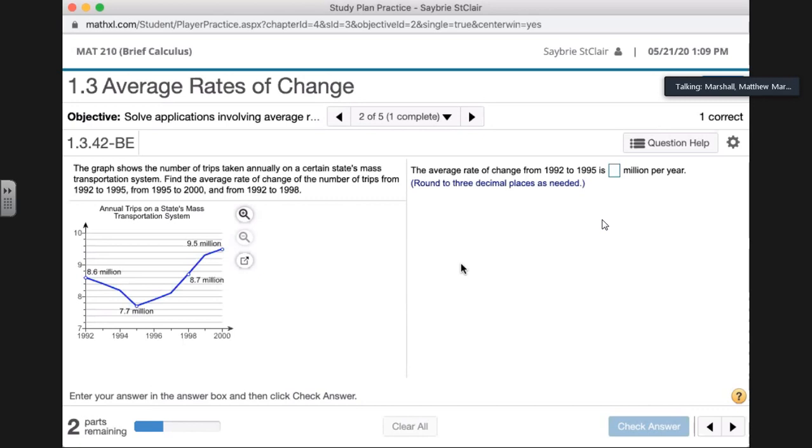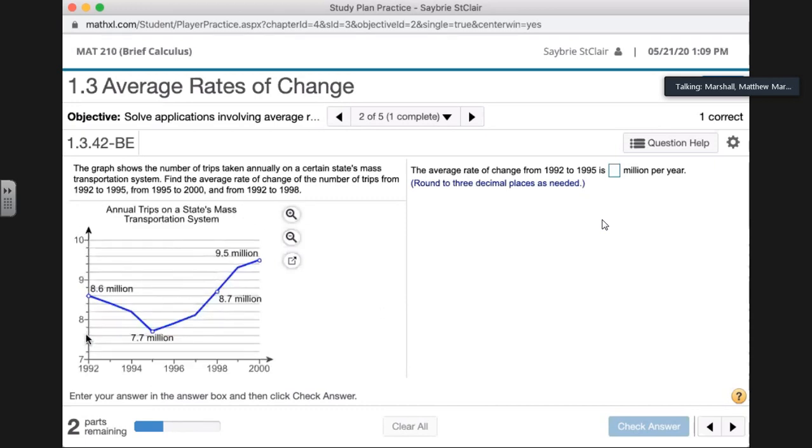This looks like 1992 to 1995. So 1992 is 8.6. There we go. Yep, so I'm going to subtract the 7.7 minus 8.6, and I'm going to divide that by 1995 minus 1992.